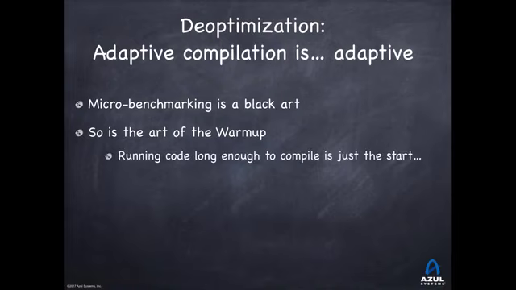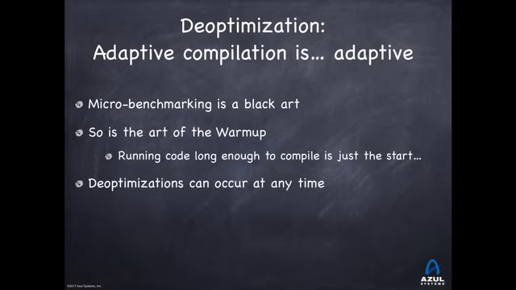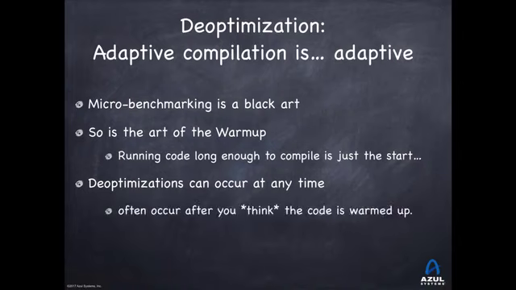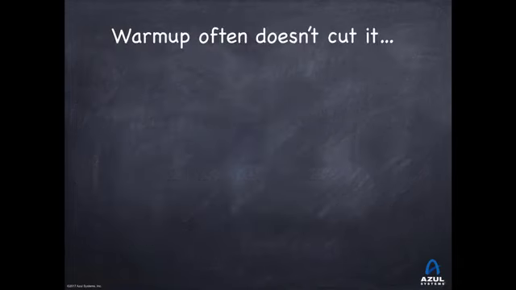They want to run the code long enough to get to the point where everything has been optimized. But we know that de-optimizations can occur at any time because the code can change. So often those de-optimizations will occur after you think your code is warmed up. Many potential causes of this, as we'll see.